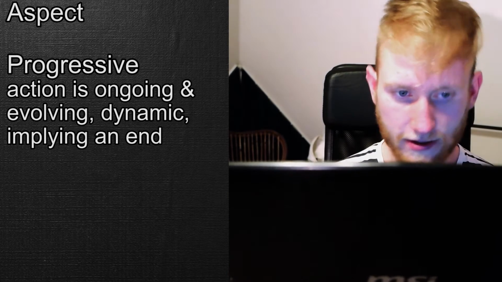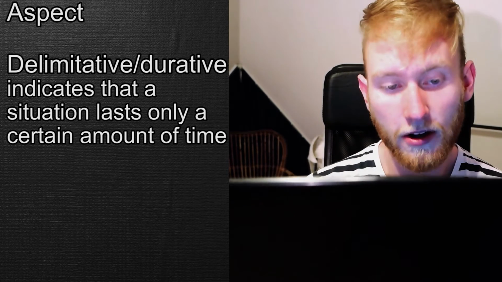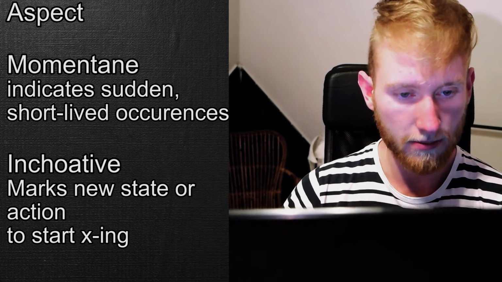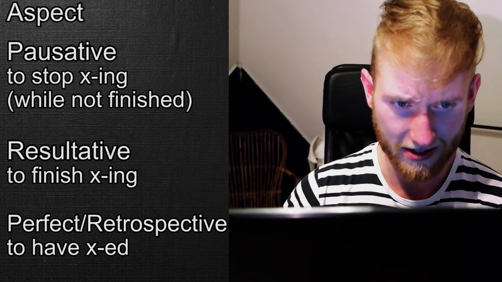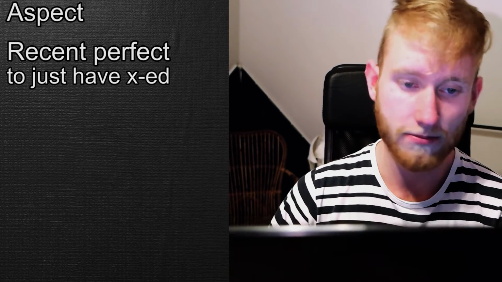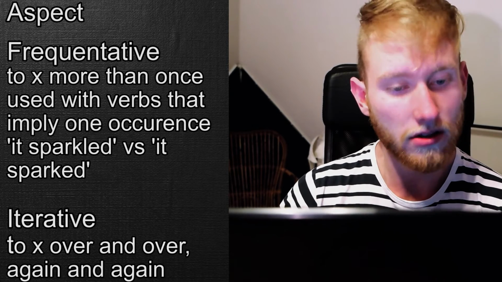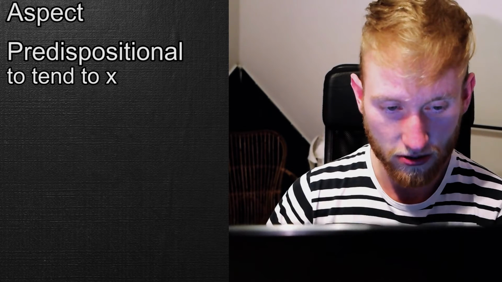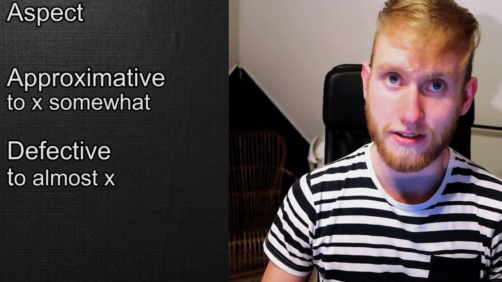Habitual, progressive, stative / continuous, delimitative / durative, nomic / neutral, momentane, inchoative, positive, resultative, perfect / retrospective, recent perfect, prospective, resumptive, frequentative, iterative, distributive, superlective, accidental, predispositional, incessant, increasing, approximate, and defective aspect.